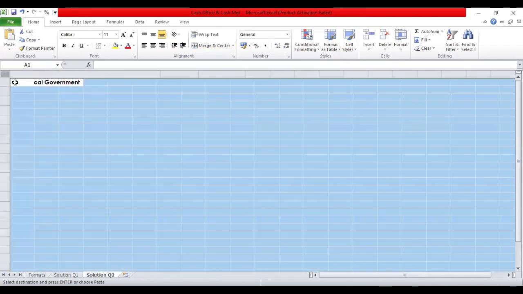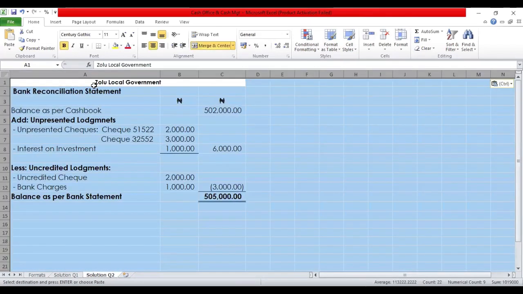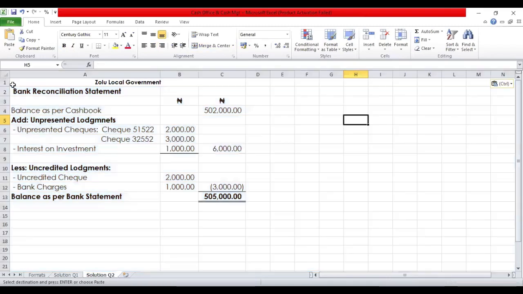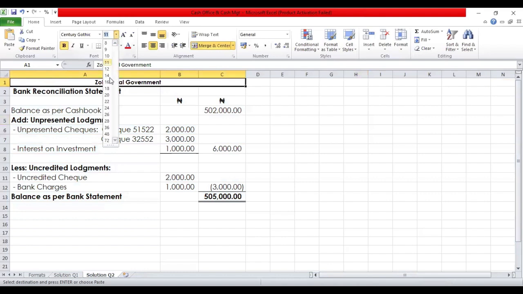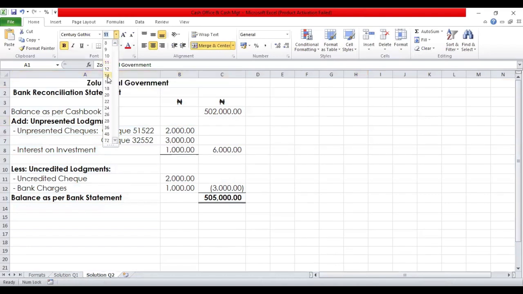Can we read the second question? What does it say we should do? Adjusted cash book. And we should get the adjustment for cash. Okay? Let's all prepare that one. Yes, sir.